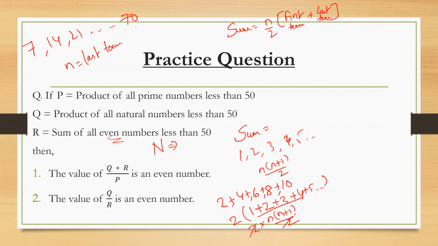The 10th term. N is basically the number of times. That means 7 into 1 is 7, 7 into 2 is 14, like this, 7 into 10, meaning which term it is. I hope this is very clear, everyone.